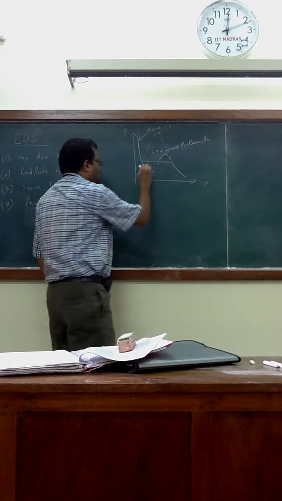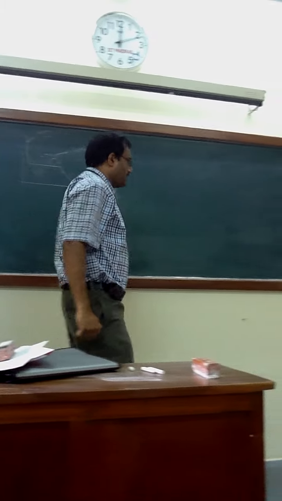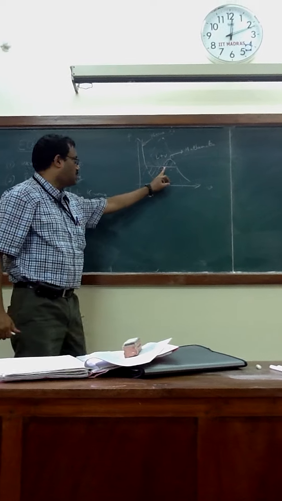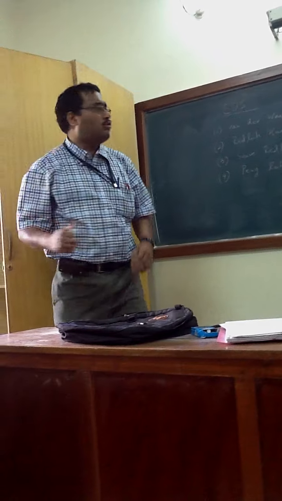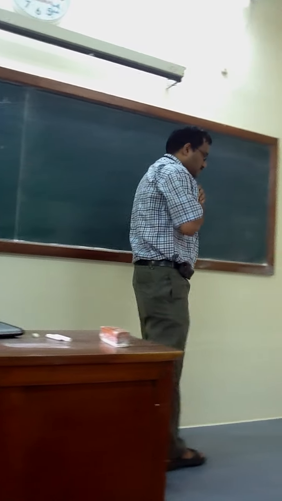And we stated that these two areas are the same. Of course it is a spurious solution: along this branch, dou P by dou V at constant temperature is positive, which is not physical.